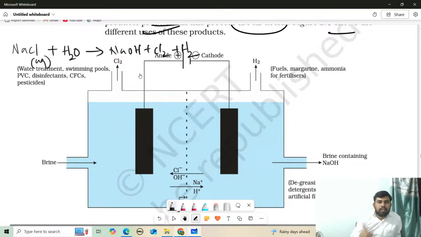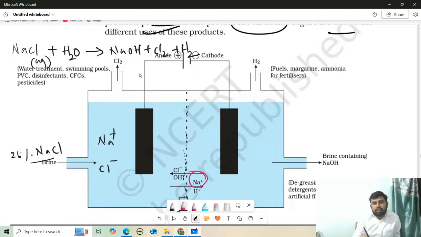Okay, here they will send 26% NaCl. This NaCl will be split into Na plus ions and Cl minus ions. And there is a membrane here. This membrane is such that it will allow the Na plus ions to move from here to here.